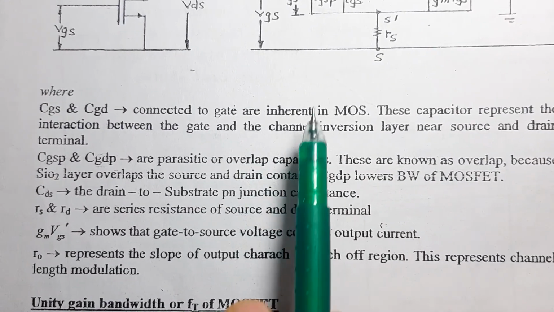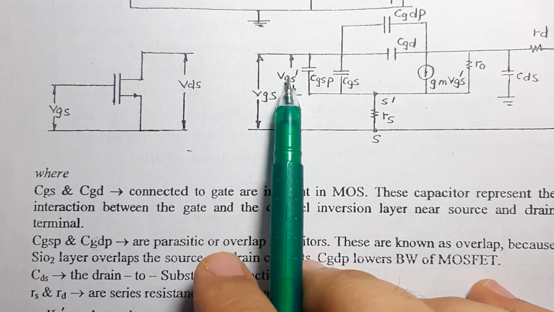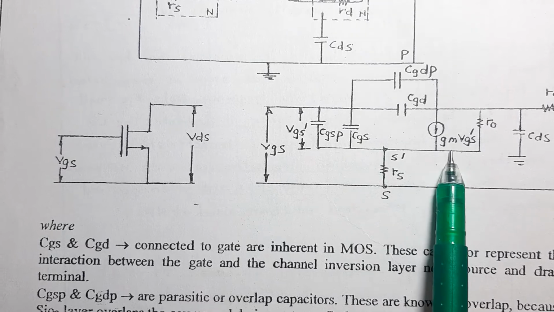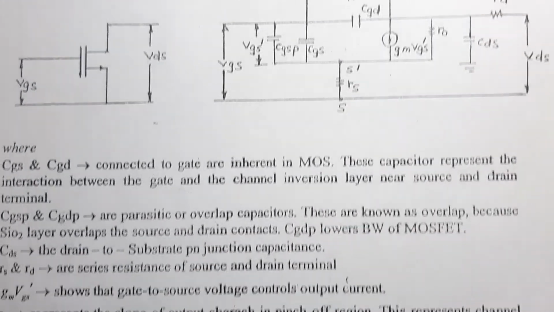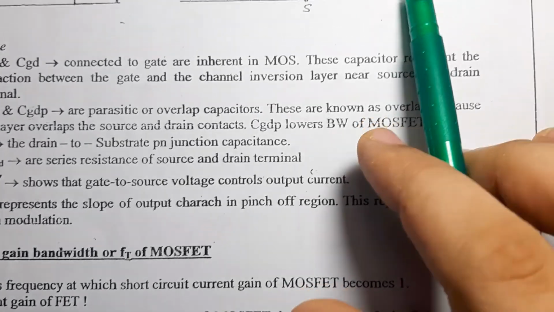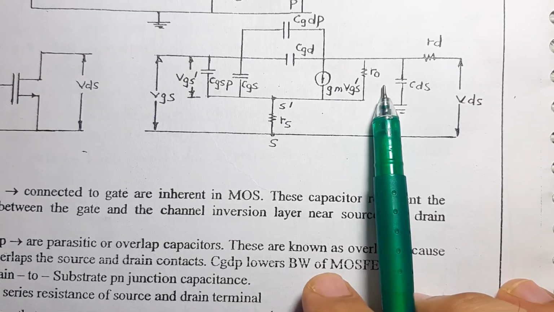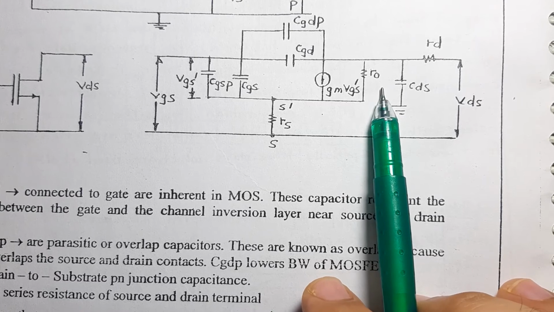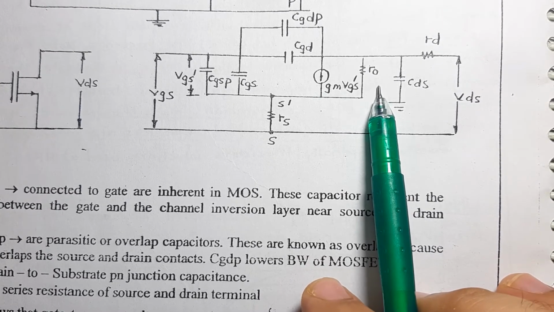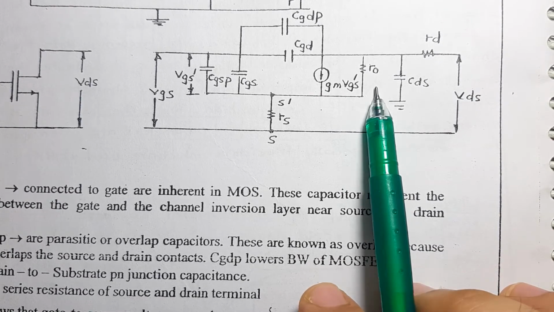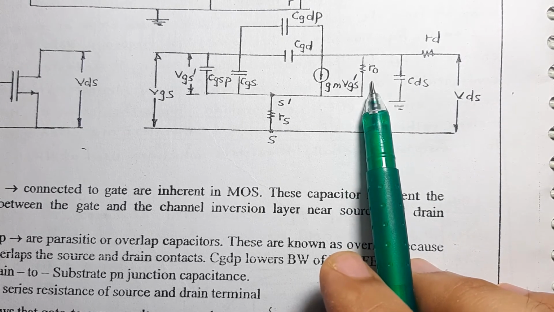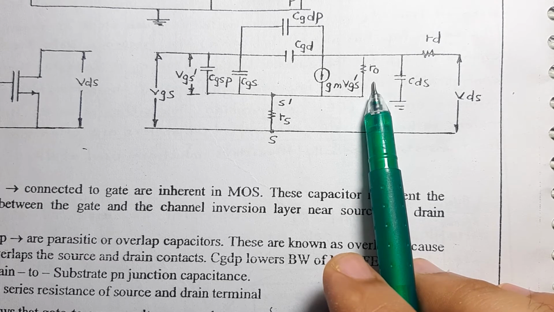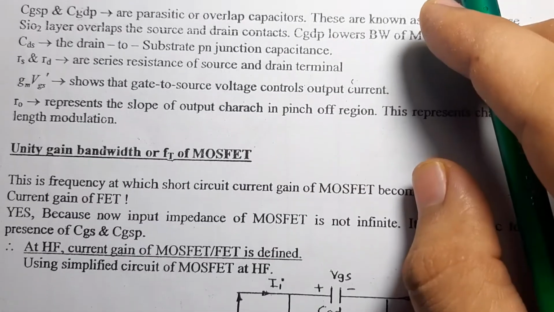As you can see from the diagram, gm VGS' is nothing but the output current controlled source. And you have RO over here, which is the output resistance, representing the slope of the output characteristics in the pinch off region. This represents the channel length modulation, so your RO is actually responsible for channel length modulation.